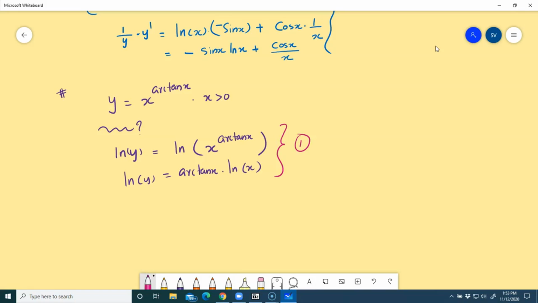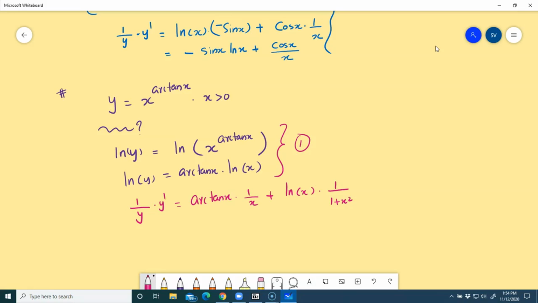Step 2 is differentiation. So this is 1 by y times y dash is equal to, this is the product arc tan x times ln x. So you can use the product rule: first into derivative of second plus second into derivative of first. First is arc tan x, first into derivative of second is 1 by x, plus second is ln x, times the derivative of first, arc tan x, and the derivative of arc tan x is 1 by 1 plus x square.